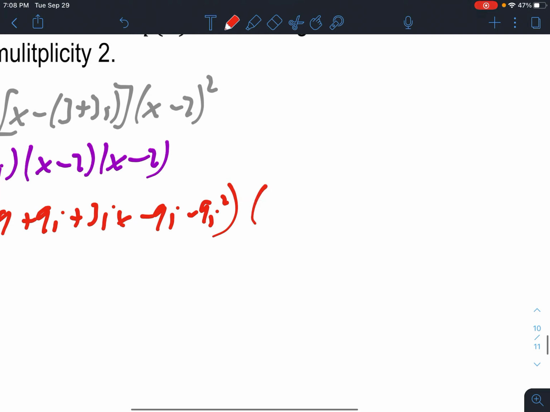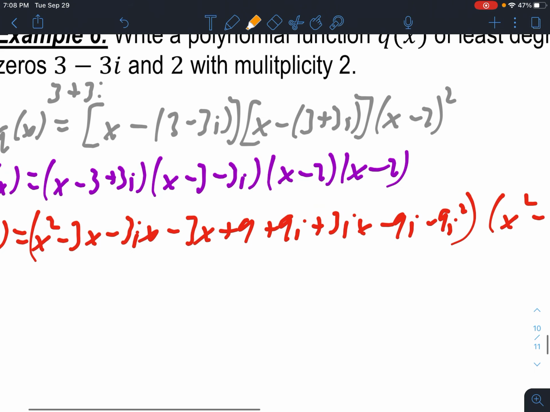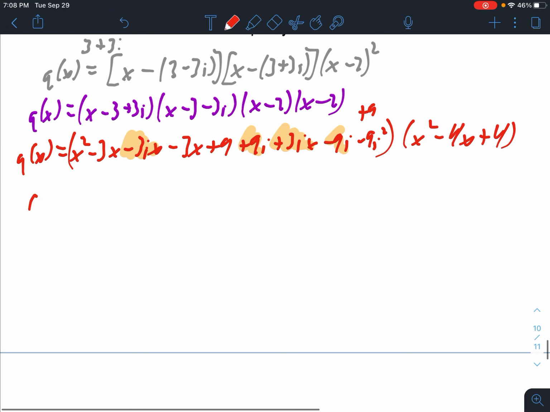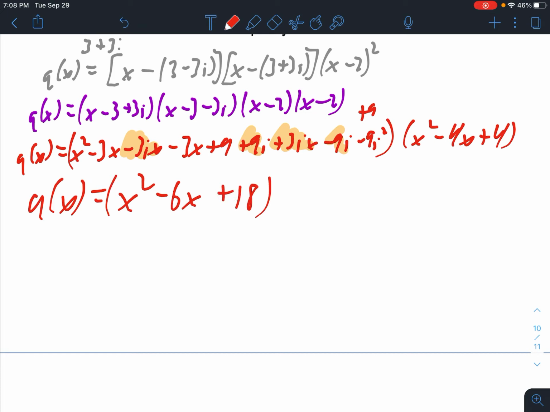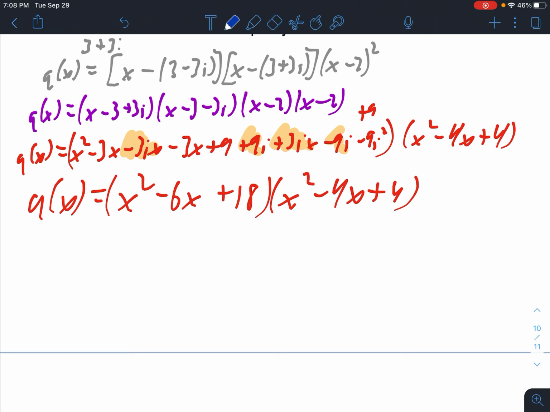And multiply the two reals together. Now we can combine some like terms here. So the 3ix and the 3ix will cancel. The 9i and 9i will cancel. Then the minus 9i squared turns into plus 9. So I can rewrite q of x as x squared minus 6x plus 9 times this. And we still have quite a bit of work to do here, but it's looking a lot cleaner.